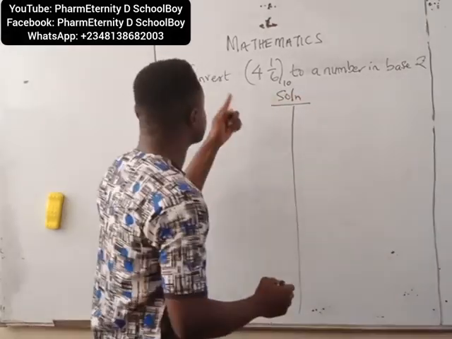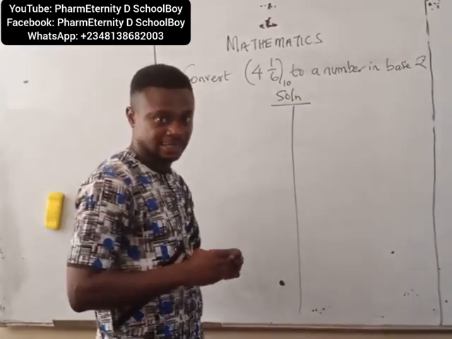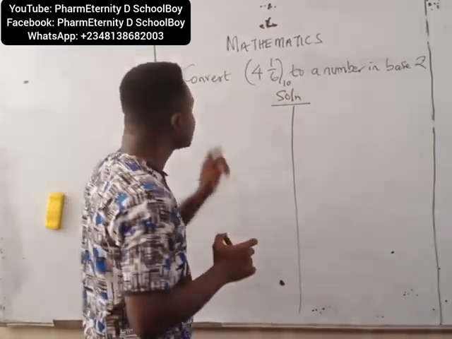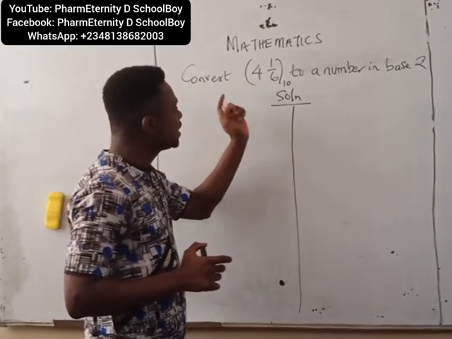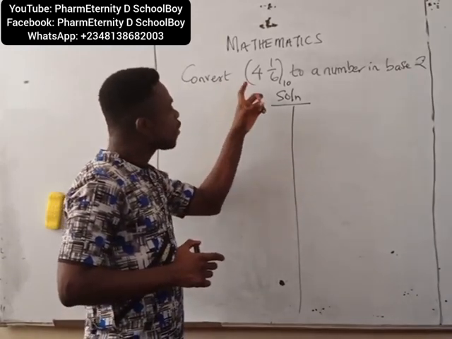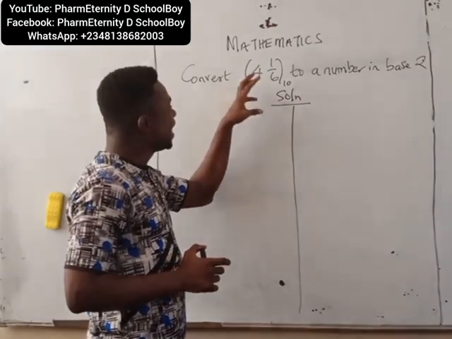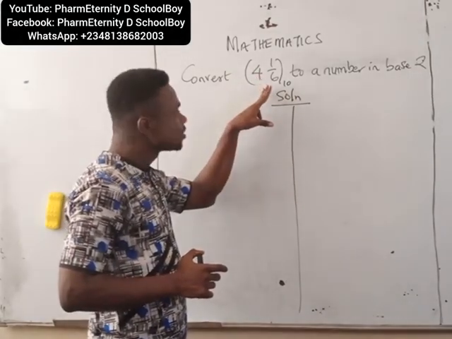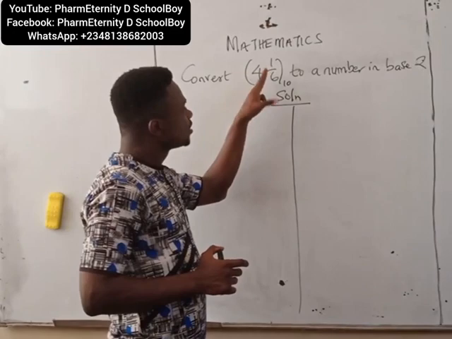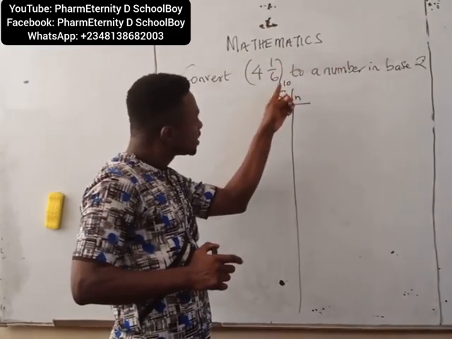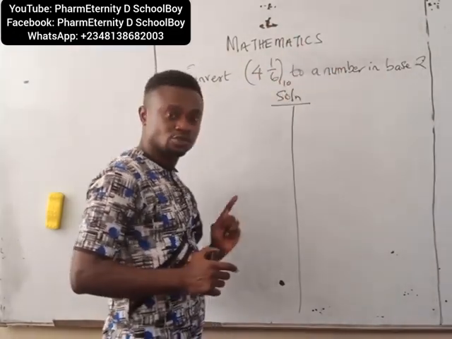This question has to do with a number base, but there's one thing we need to understand here. Here you are converting a number in fraction, base 10 to a number in base 2.